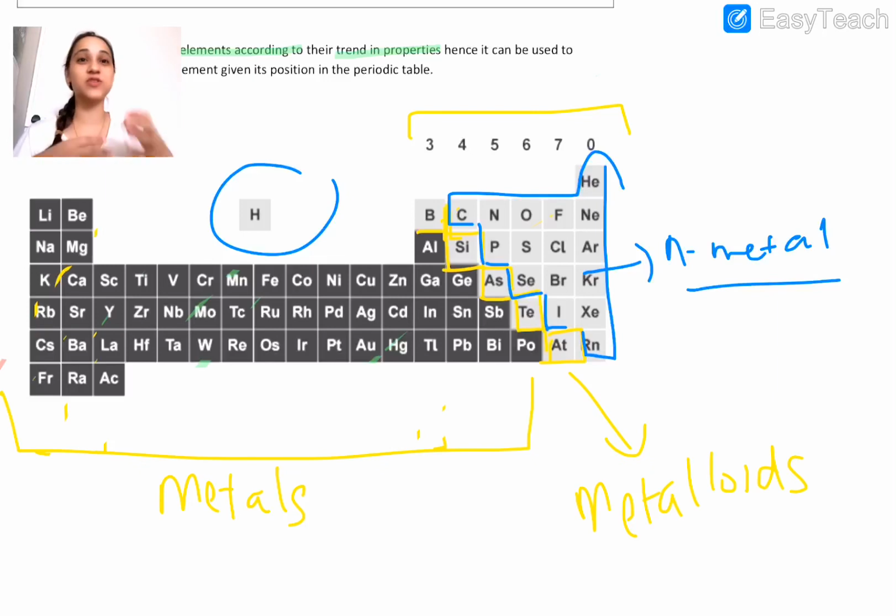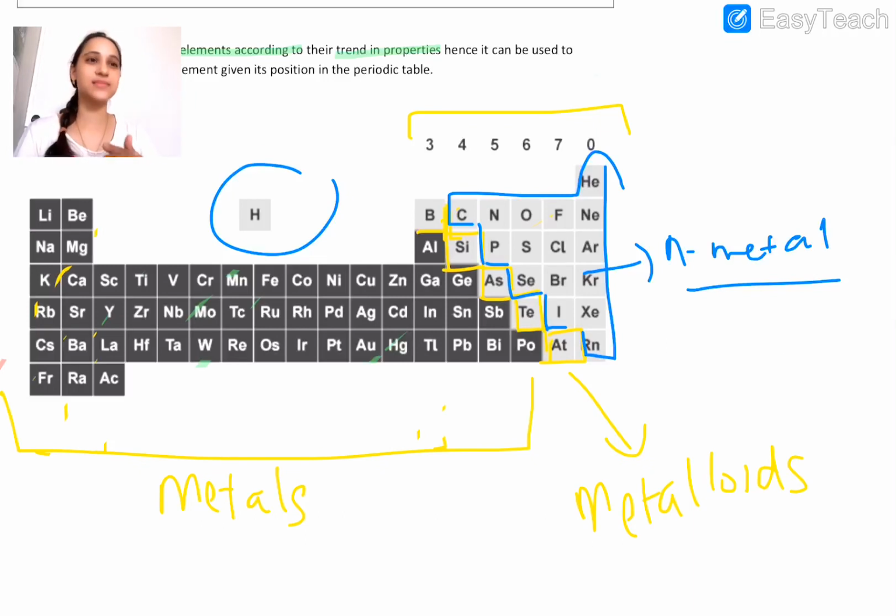Actually, it's difficult to classify it because it can have properties of metals and it can have properties of non-metals. So I'm going to abstain from classifying it, so just leave it that way. Some resources classify it as a metal, some classify it as a non-metal. For syllabus purposes, I would consider it as a non-metal.